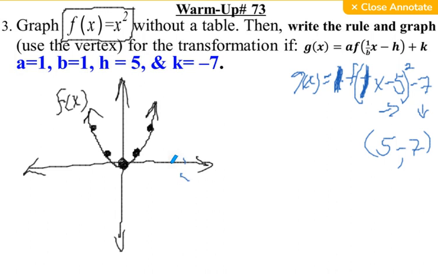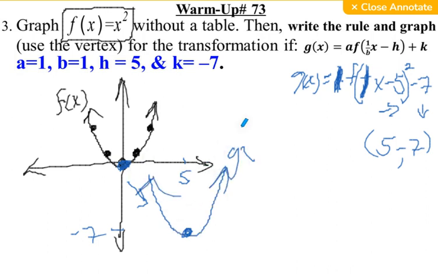So at 5, negative 7, that's going to be my new vertex. So this one moves over there, so it's going to look something like that. And that's my g of x. Have you got something like that by yourself? Okay, good.